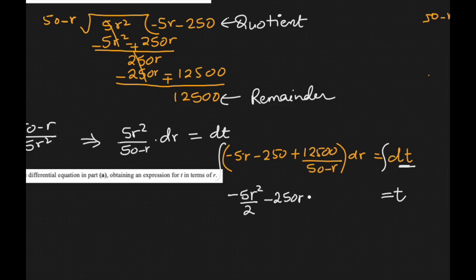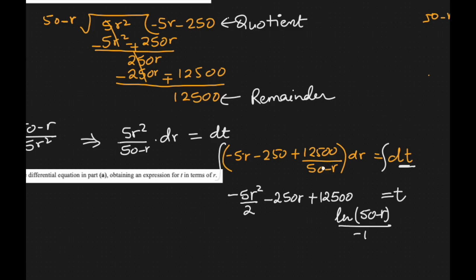So if I integrate that, it will become what? 12500 is a constant. I will not touch it, and this will become natural log of 50 minus r divided by minus 1.